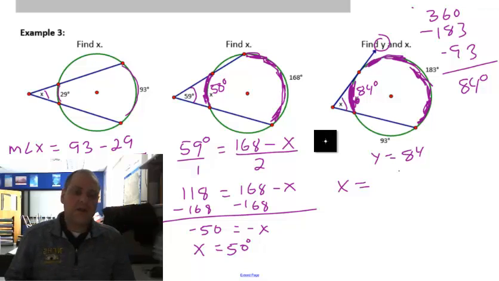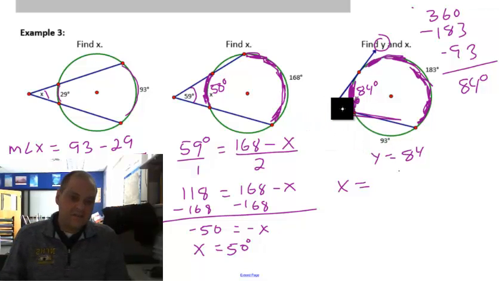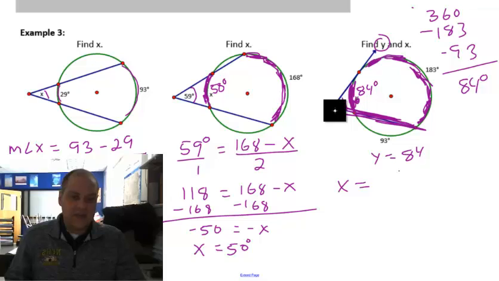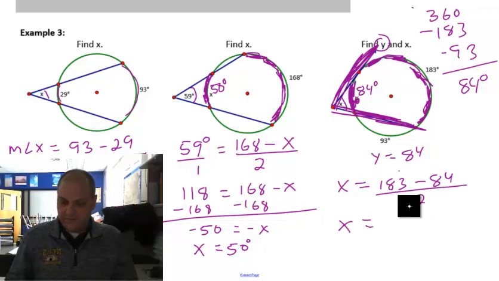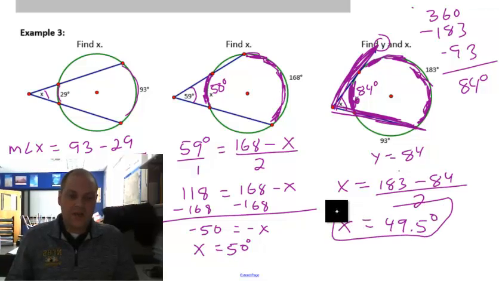All right? Inside, inside that, and inside that. Got it? So it's 183 minus 84 divided by 2, and that's going to be 49.5. So angle X is 49.5 degrees.